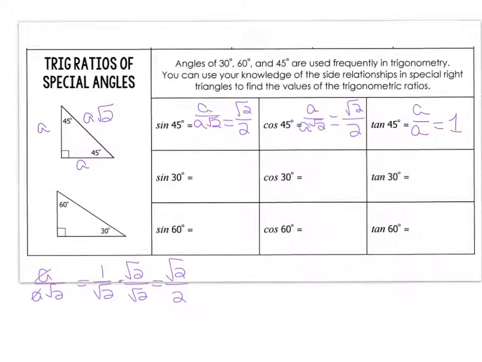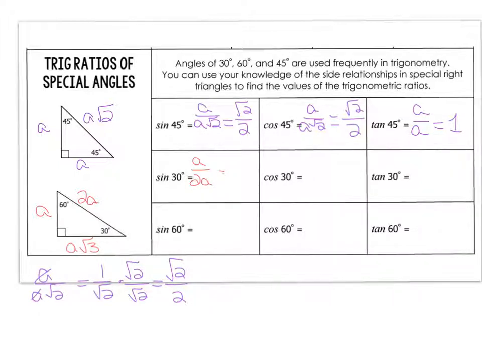Now, in a 30-60-90 right triangle, remember the side across from the 30 is A, the hypotenuse is 2 times A, and the side across from the 60-degree angle, the longer leg, is going to be A root 3. Okay, so let's look at 30. We need opposite over hypotenuse, so we're going to say A over 2A.